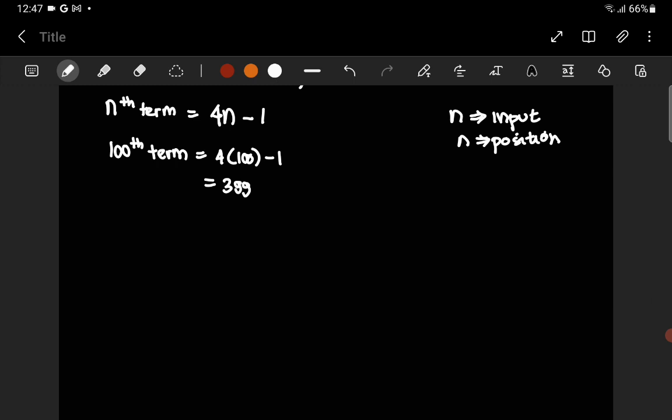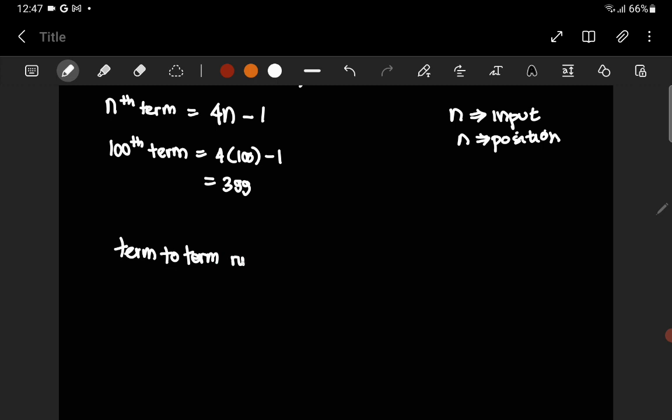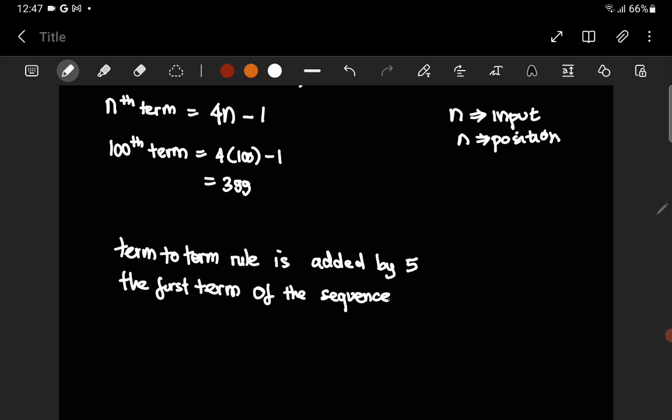So for example, like this one, the term to term rule is added by 5. And then the first term of the sequence is, let's say, C.